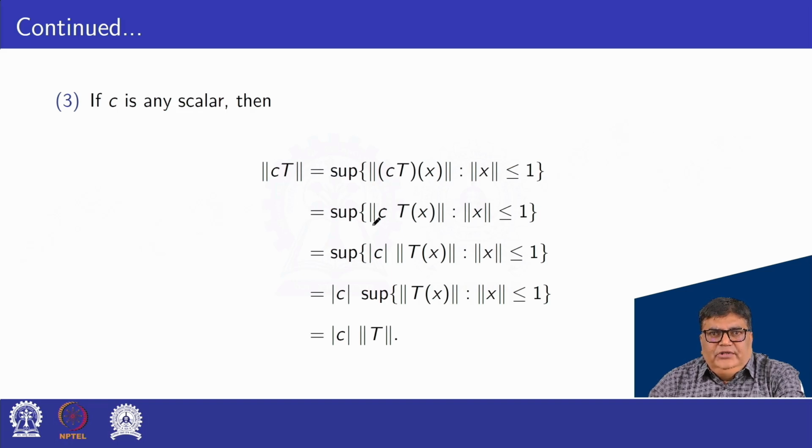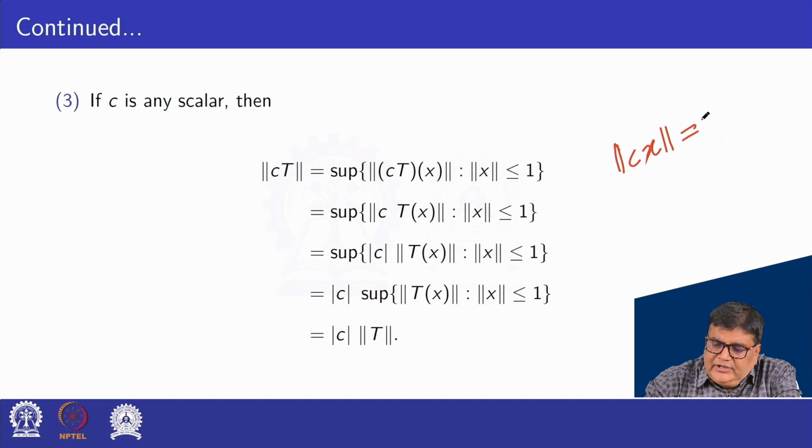And also we know that norm Cx equals mod C norm x, where C is a constant and x is a vector. So here Tx is a vector and C is a scalar, so we can write this as mod C norm Tx, with the same condition norm x less than or equal to 1.